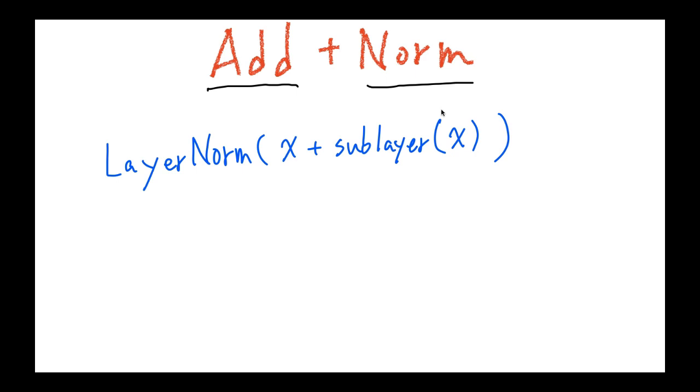In the residual connection, it's actually very simple. Let's say you have your input X, and you have your sublayer, which we write as a function here, the sublayer function. After your sublayer operation, you have your output Y, a temporary output.